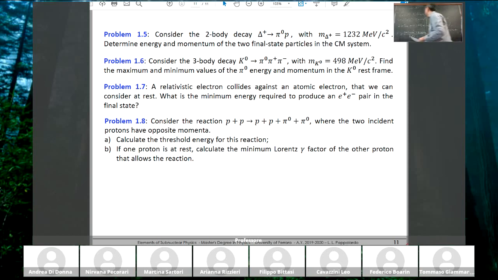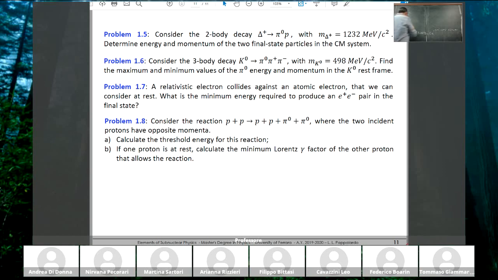But now we remember that we want to calculate the Lorentz gamma factor. We know how to do this because in general E is equal to gamma m c squared. So in our case, the threshold value of gamma is equal to the threshold value of energy divided by the mass of the proton.